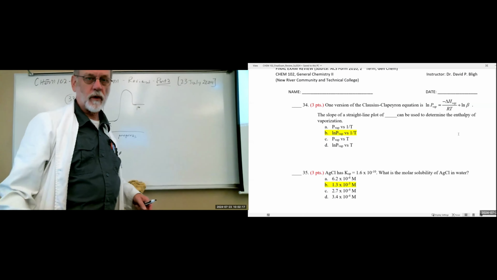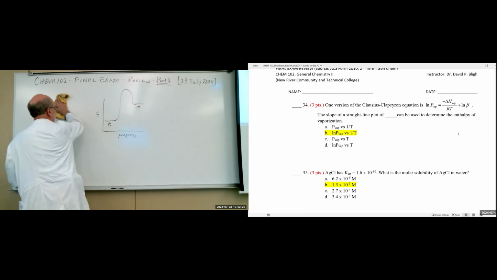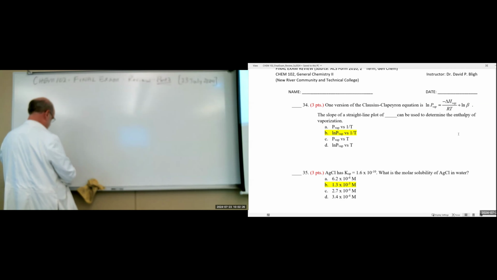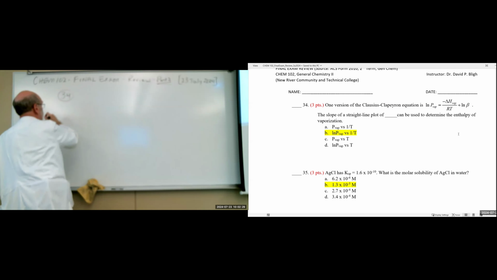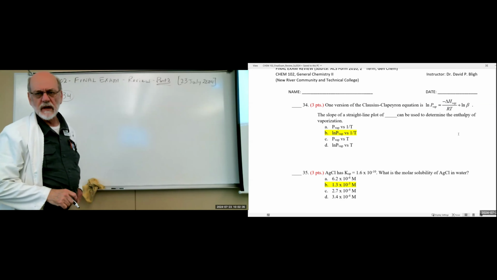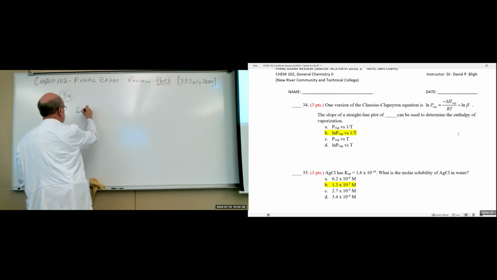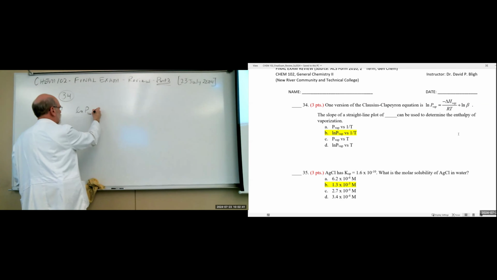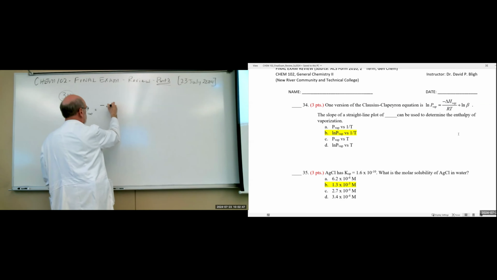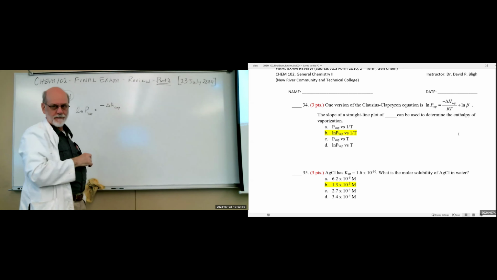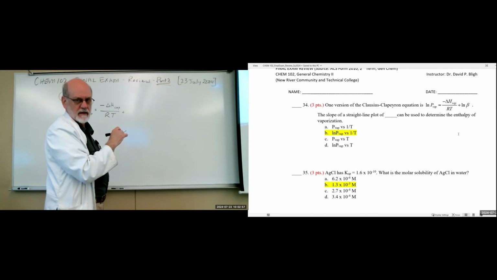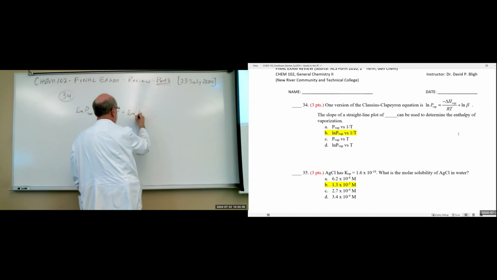All right, 34. One version of the Clausius-Clapeyron equation is natural log of vapor pressure equals negative delta H for vaporization divided by RT plus natural log of beta.